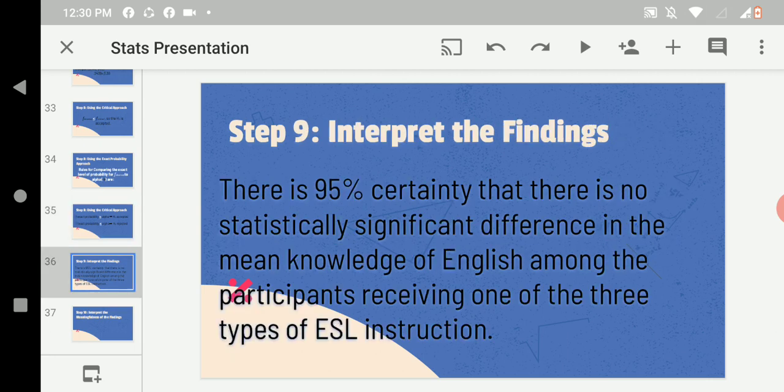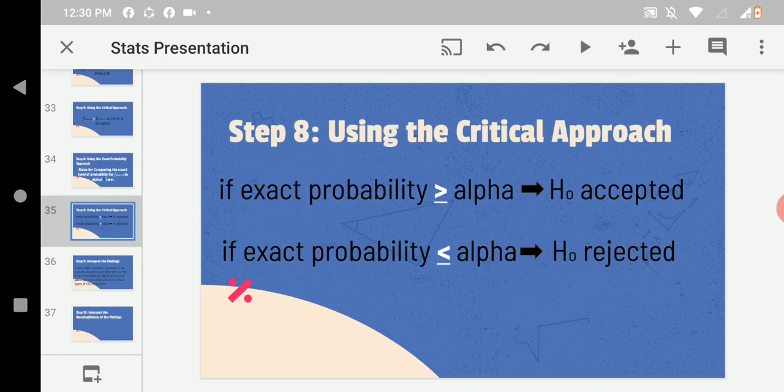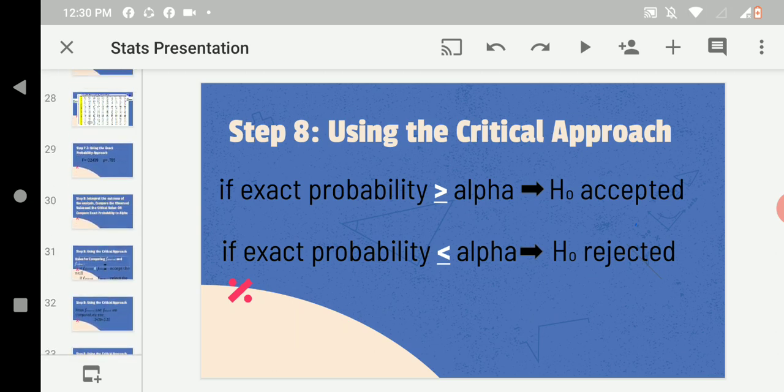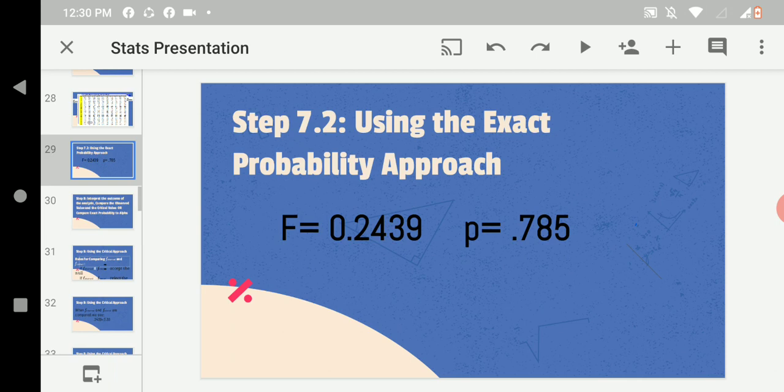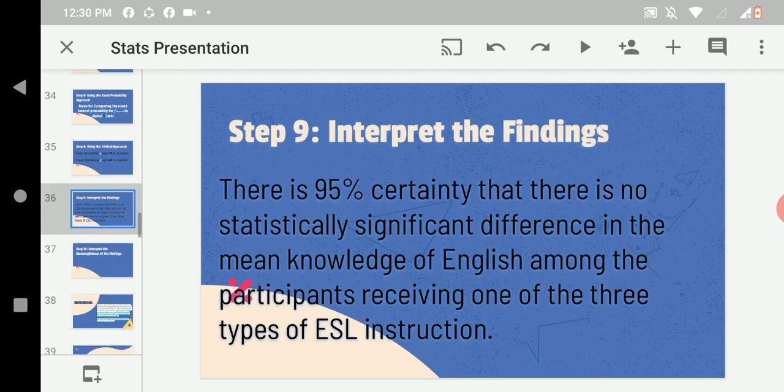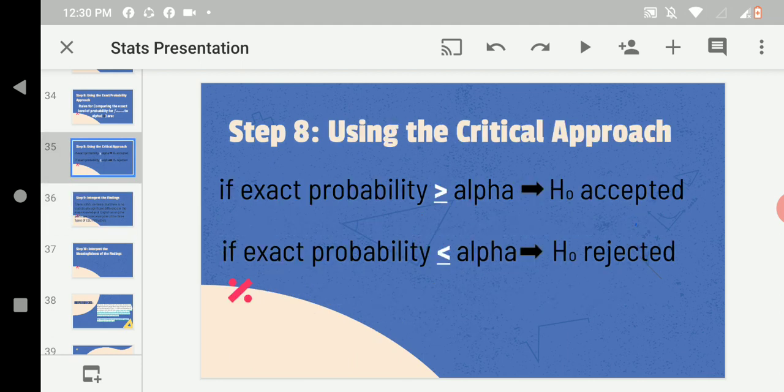So we have to see our probability, or our p-value from a while ago, which is 0.785, and our alpha is 0.05.